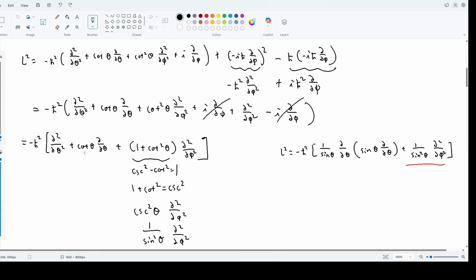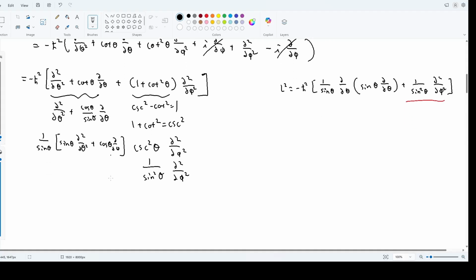So first off, let's get the cotangent out of there, because cotangent is equal to cosine over sine. So this is d2 by d theta squared plus cosine theta over sine theta d by d theta, which means that you can rewrite this as 1 over sine theta times sine theta d2 by d theta squared plus cosine theta d by d theta. Sorry, I wrote that wrong.